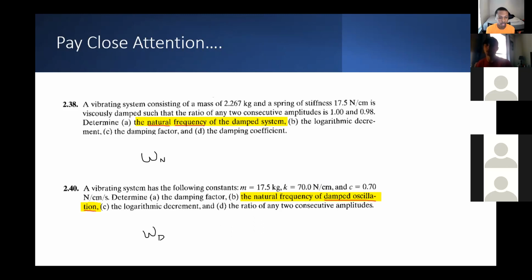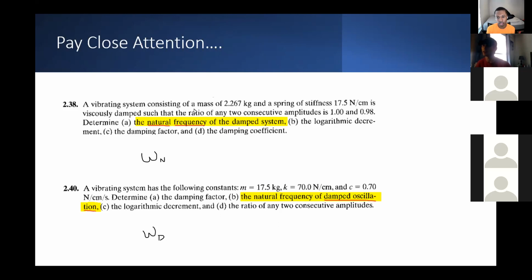Okay, yeah, it's a bad question, but it's something that I thought I should probably bring to everybody's attention. When you see the natural frequency of the damped system, just go straight to omega n. But if it says the natural frequency of damped oscillation, it's omega d.